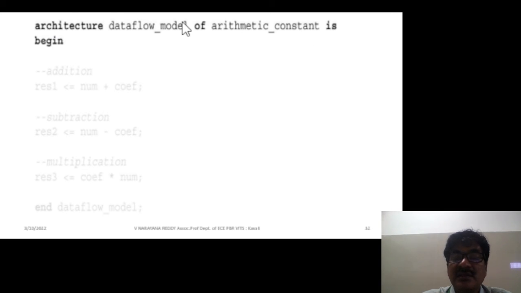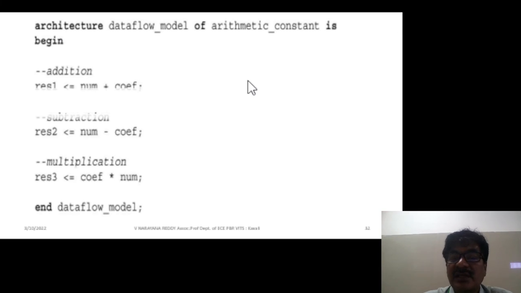In the first line we have written architecture dataflow model of entity name arithmetic constant is, then begin. So then what will happen internally?